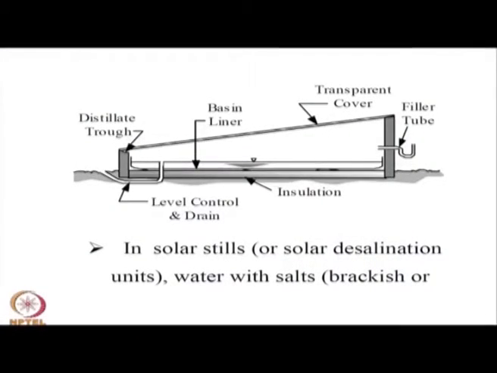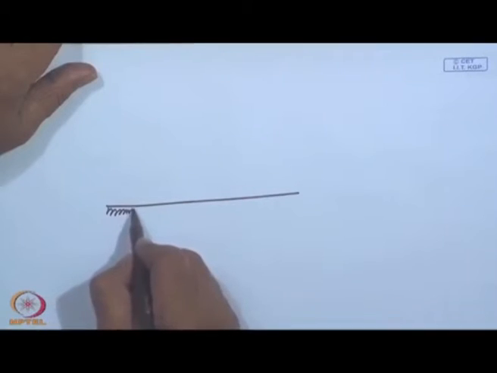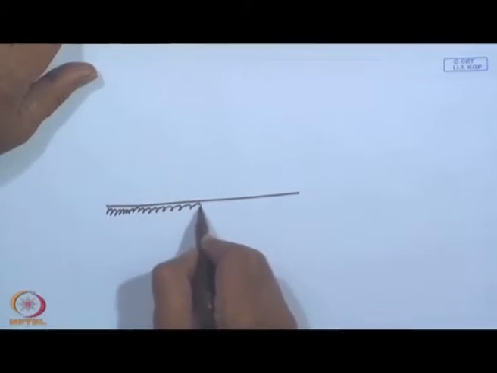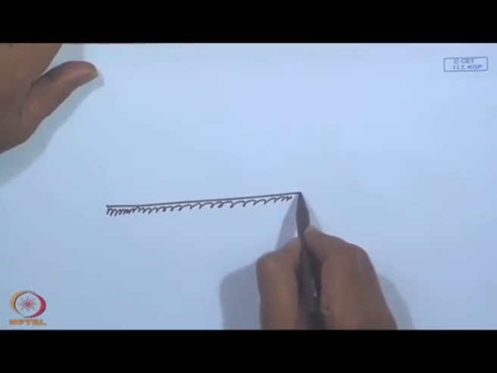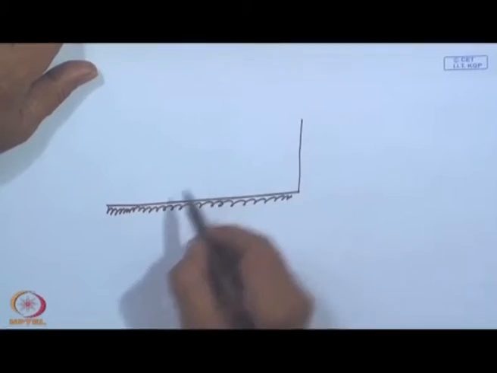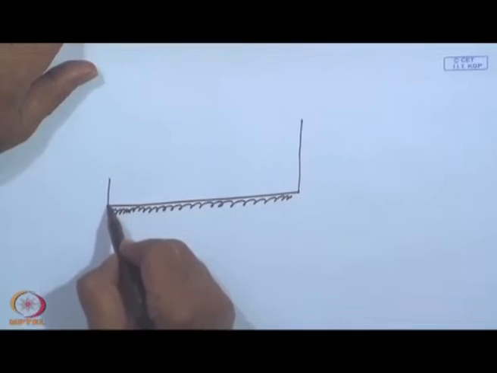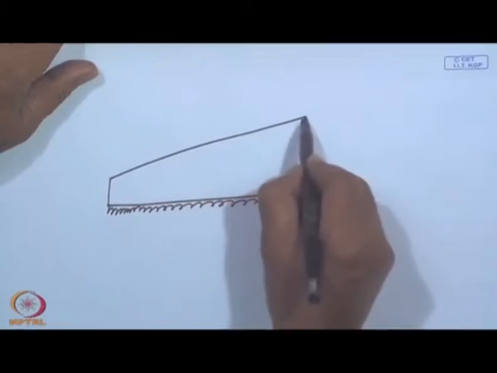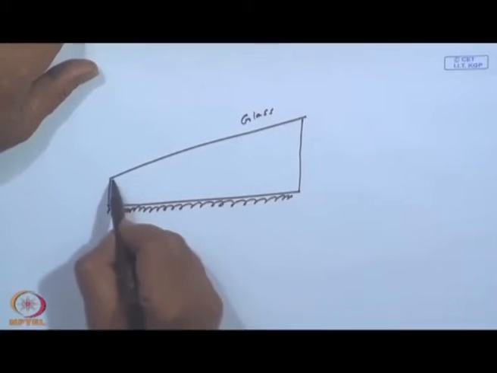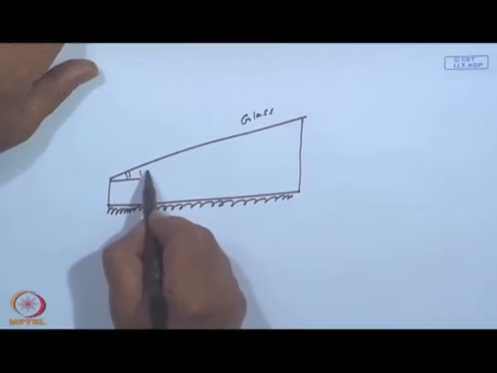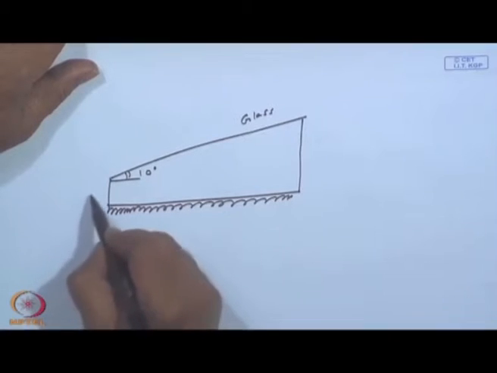You can have the bottom with an insulation, and this is the glass. The slope is typically 10 degrees, and this may be about a foot, or 30 centimeters, right.